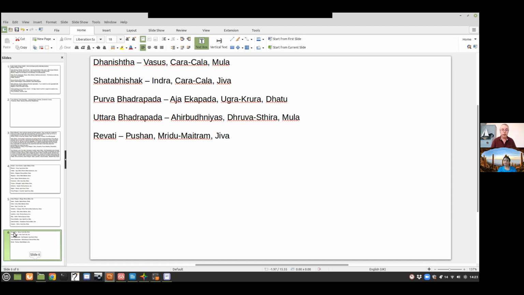Okay, so we can go over a few of these and try to give you an idea of how all of these three things come together. For those of you who are a little bit familiar with the nakshatras already, it might strike you as being somewhat odd to find out that Revati is an assertive nakshatra, right?